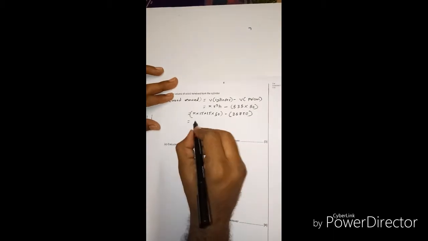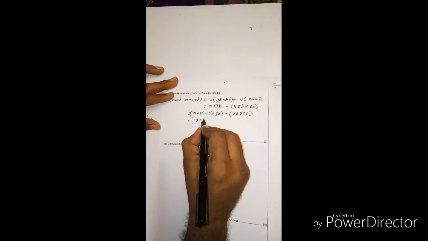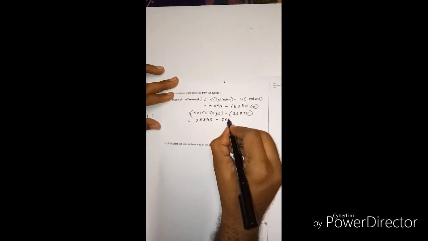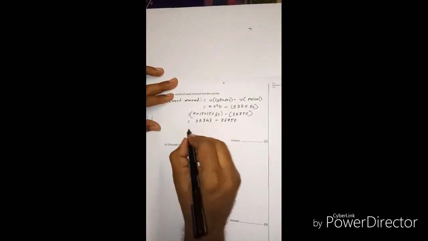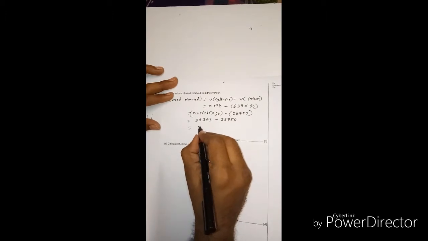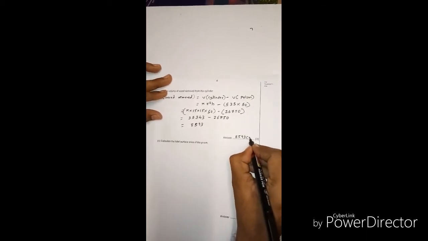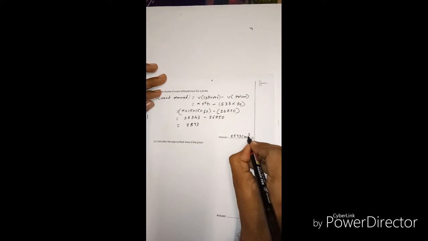So this value will become 35343 minus 26750, which will be equal to approximately 8593 centimeter cube.